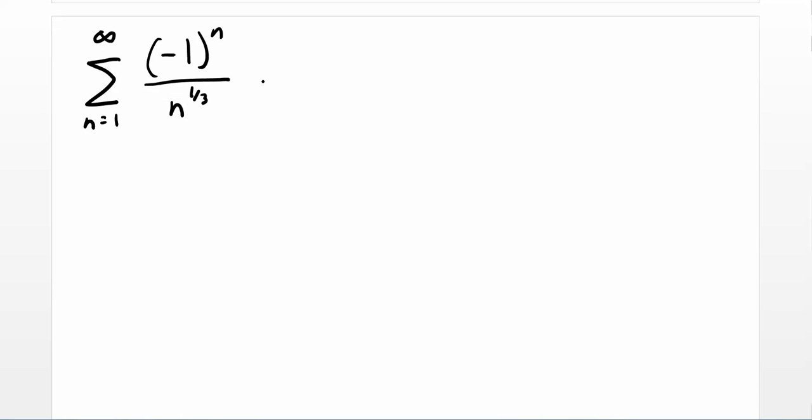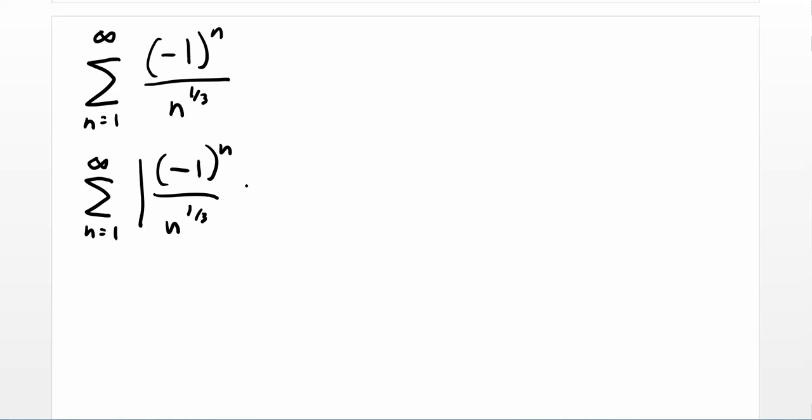So we will test for absolute convergence by instead considering the series n equals 1 to infinity, the absolute value of this thing. So when we take the absolute value, what ends up happening is the alternating part disappears and you're just dealing with this function now instead.